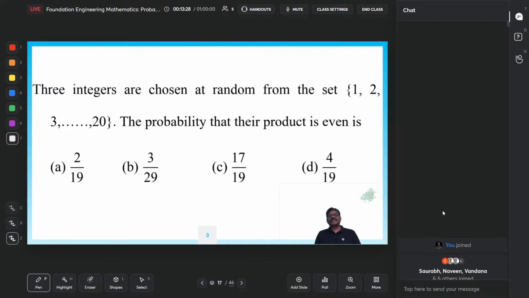3 integers are selected at random from 1 to 20. If you want the product to be an even number, if at least one number is even, the product is automatically even. Understood?